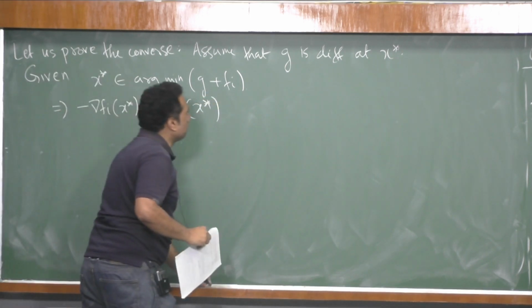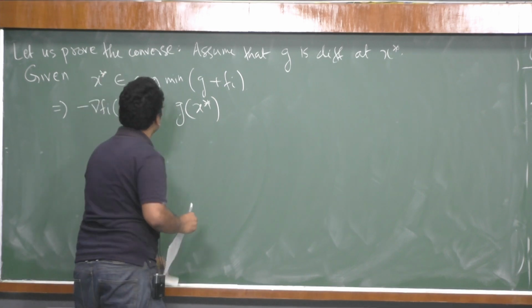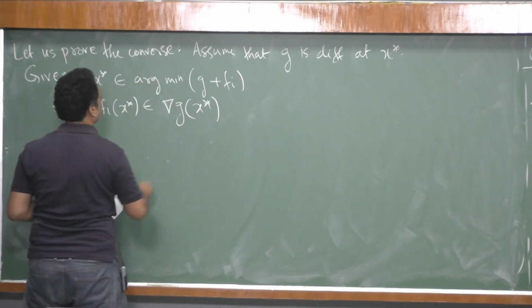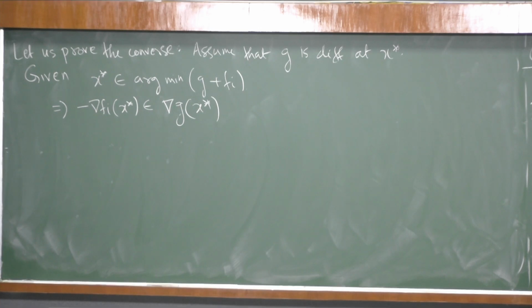Oh, I mean, we assumed g to be differentiable now, right? So now the subdifferential changes to the gradient, and then we will take expectation on both sides.